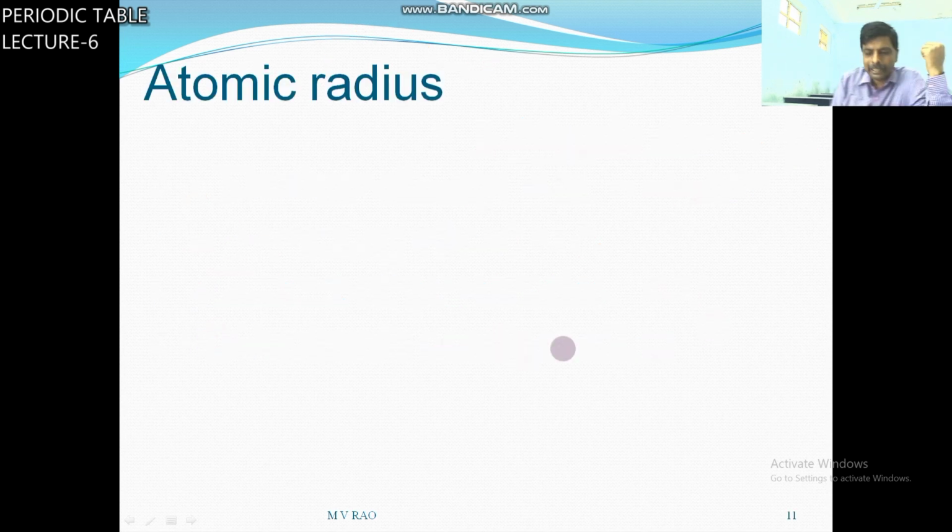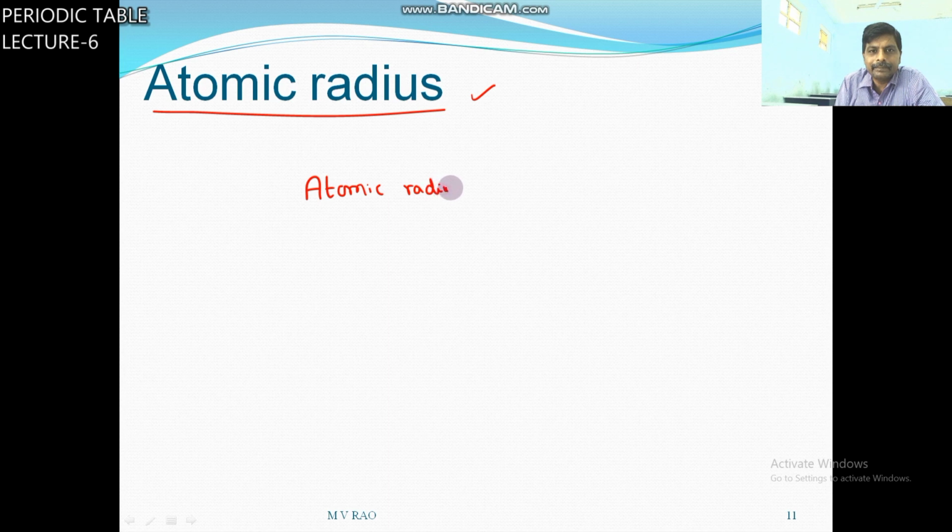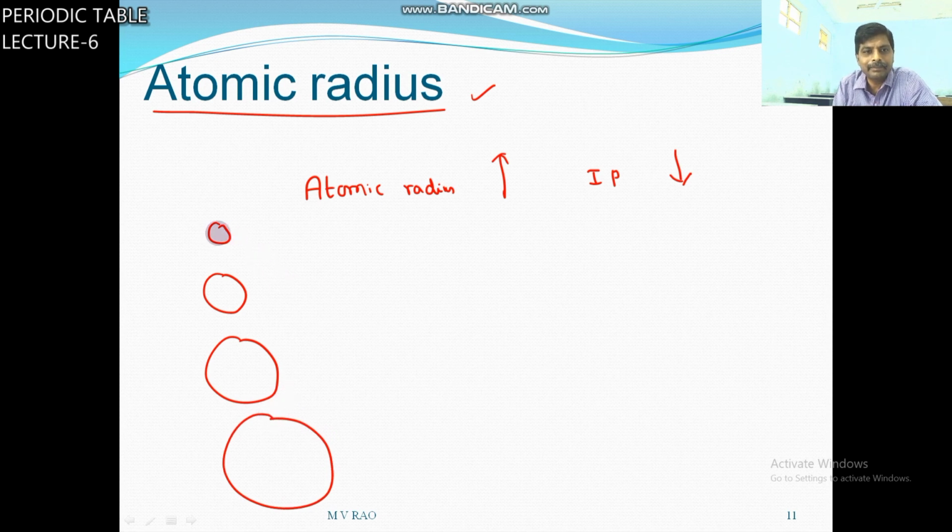The factor influencing ionization potential is atomic radius. As atomic radius increases, ionization potential decreases. You know, in a group from top to bottom atomic size increases. That means the distance between the nucleus and the valence electron increases. In a small atom the distance is less.